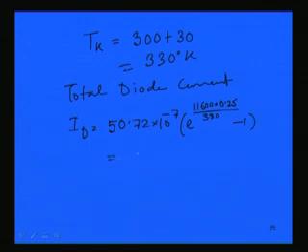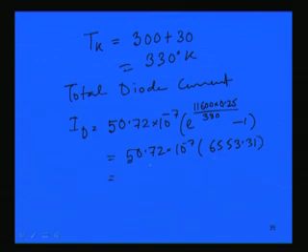If you compute the right side, it comes to 10 to the power minus 7 into this part, which will be equal to 6553.31.